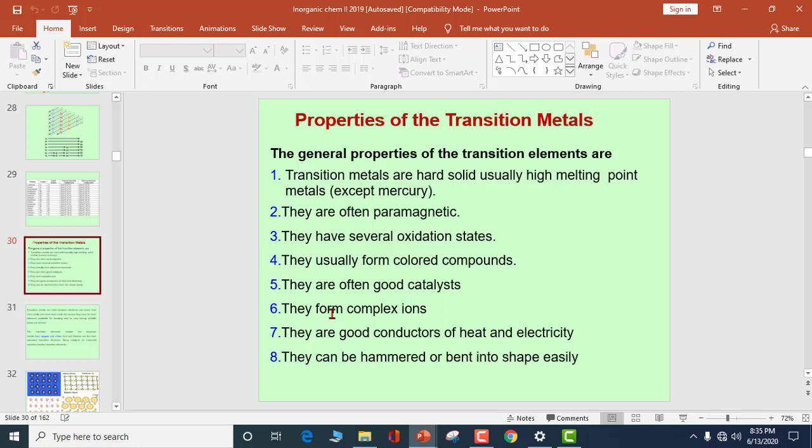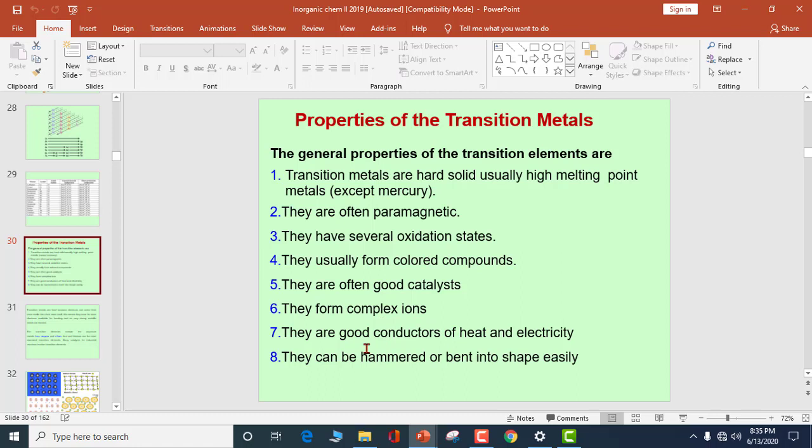So we see transition elements make complex ions or coordination compounds. That is why you see in the electronic configuration that the d orbitals are still empty. So some of the ligands may donate electrons and make a coordinate covalent bond. So they have a good property to make complex ions.